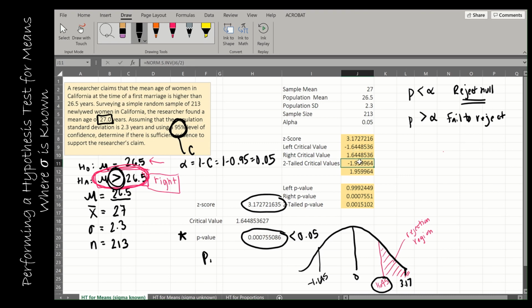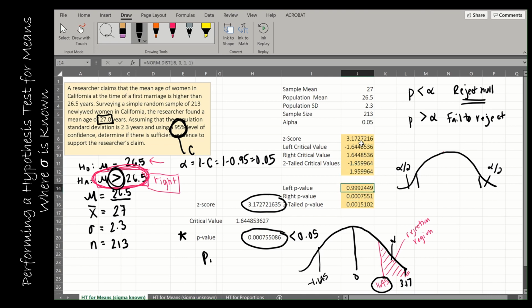And then for a two-tailed critical value, this one gets a little bit tricky, so we will do a two-tailed test together. Instead of putting all of alpha into one side, a two-tailed test would put half of alpha in each tail. So we'll take a look at that one when we get to the end. But that's how I did that for the critical value. So you're welcome to use the critical value, of course.